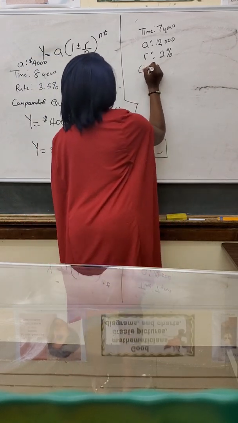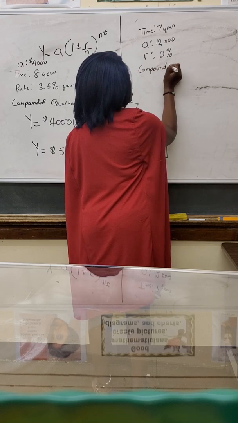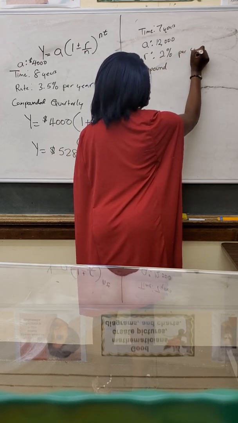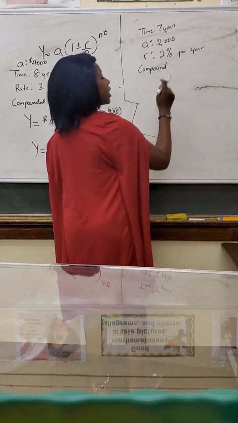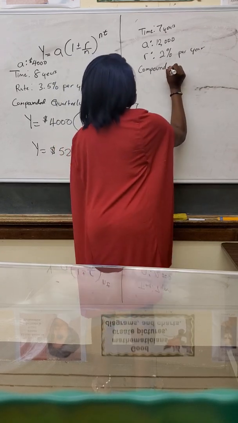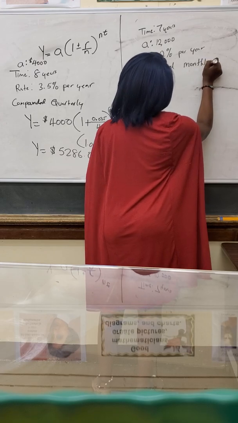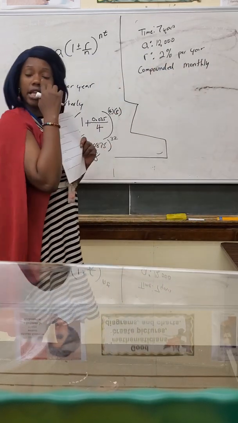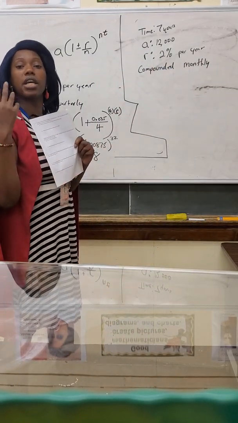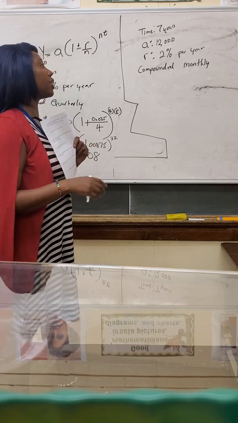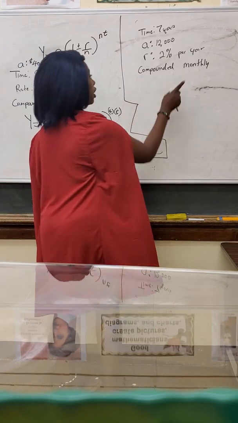So this is 2% per year, even though they don't say per year, they say at 2%, that's typically per year. It is usually per year unless they state 2% monthly, 2% daily, 2% weekly.